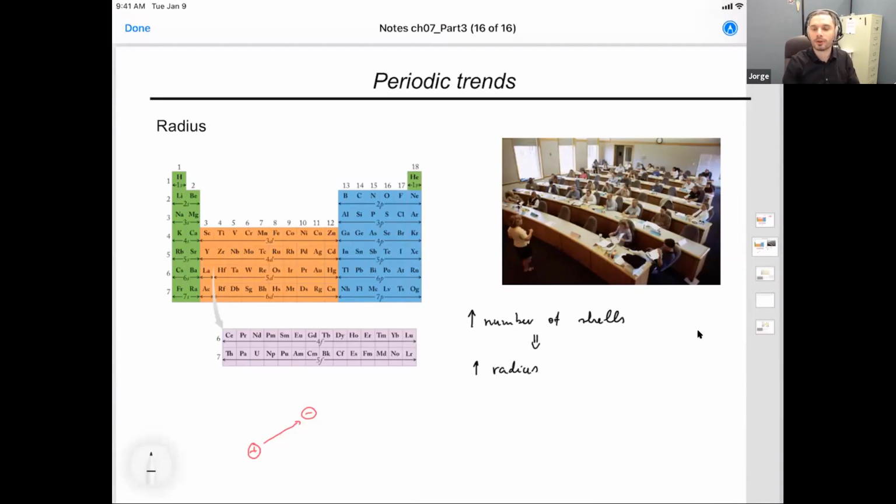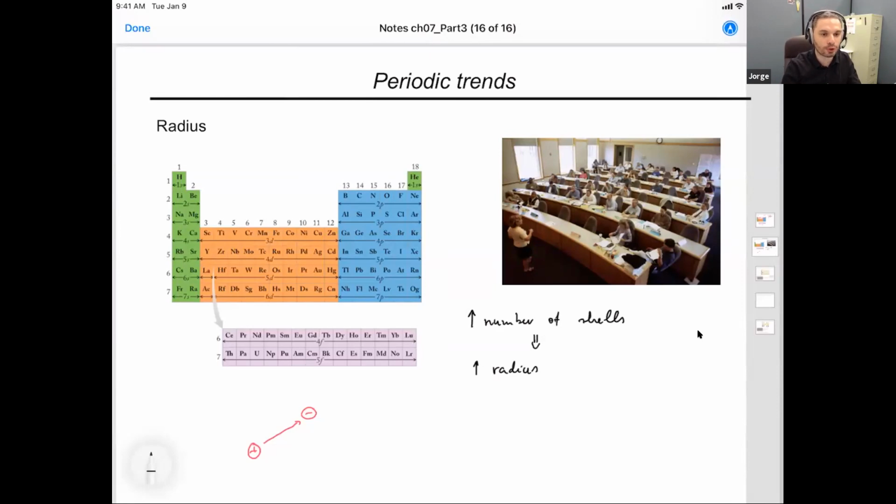Okay, so remember about the classroom. An extra row added increases the size of the classroom. If we move from row number 1 to row number 2, what we are basically doing is adding an extra electron shell.